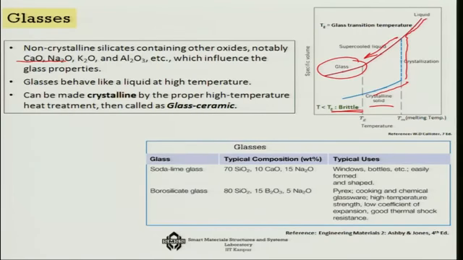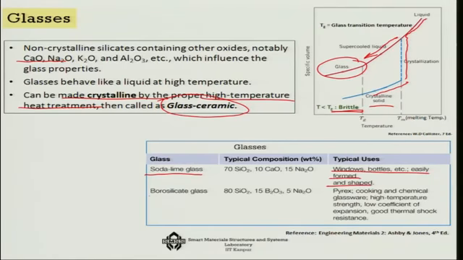Now these glassy systems can also be made crystalline by a high temperature heat treatment. Once again you take it to a very high temperature, hold it and get a crystalline form. This is commonly known as glass ceramic. There are two very common types of glasses: soda lime glass, which is used in windows, bottles, and is easily formed and shaped.